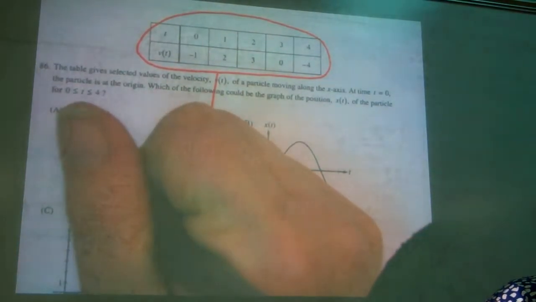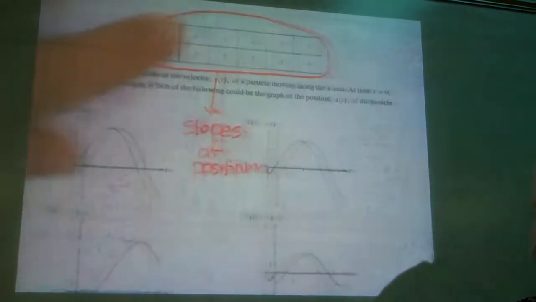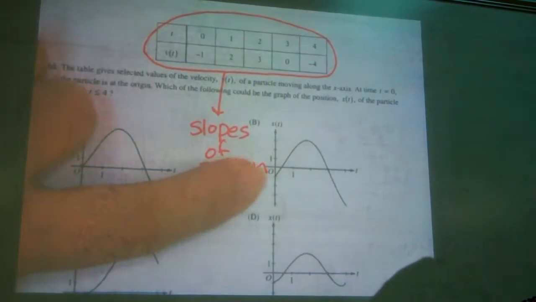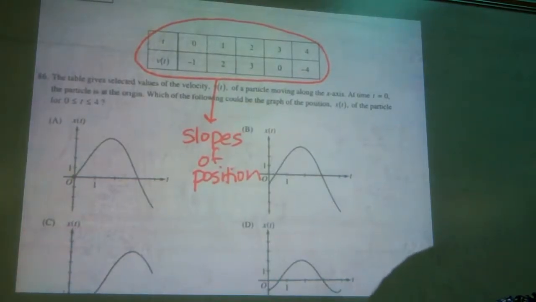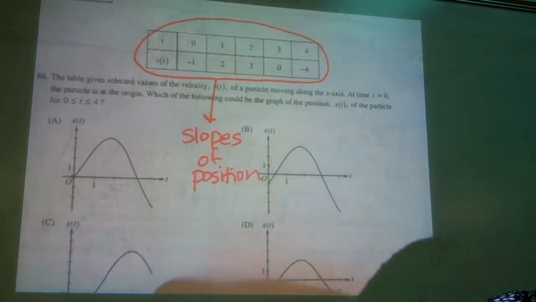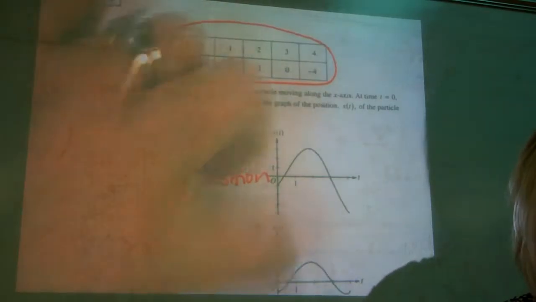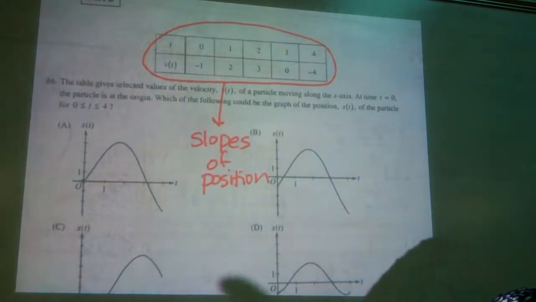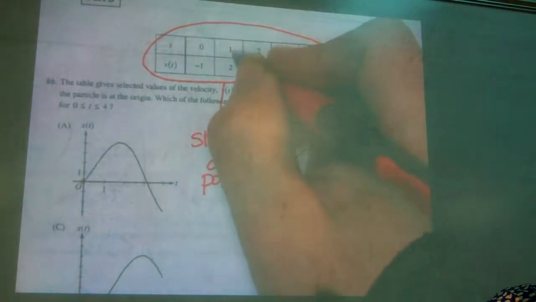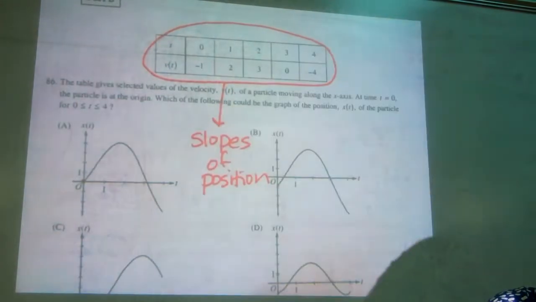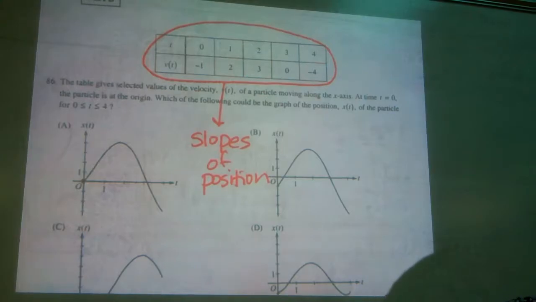This one at 0 doesn't have negative slope. Neither does B. C and E at 0 both have negative slope, D doesn't. But then at positive 1, the slope's supposed to be positive, and on this graph, the slope's not positive at positive 1.